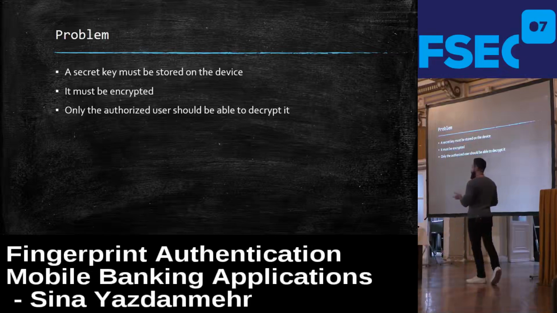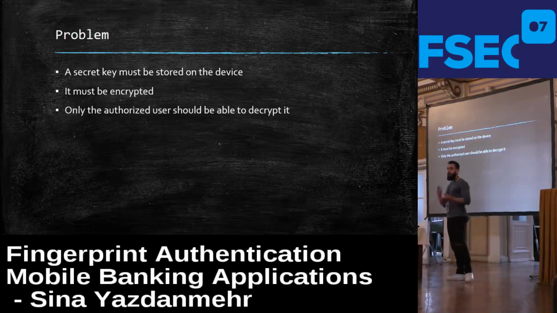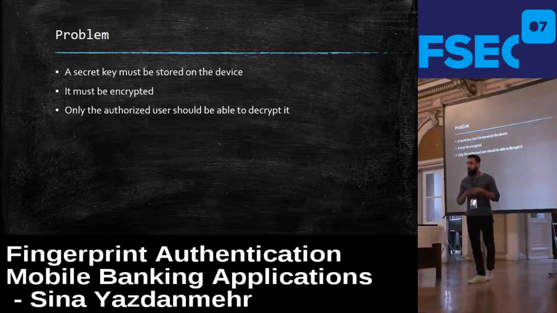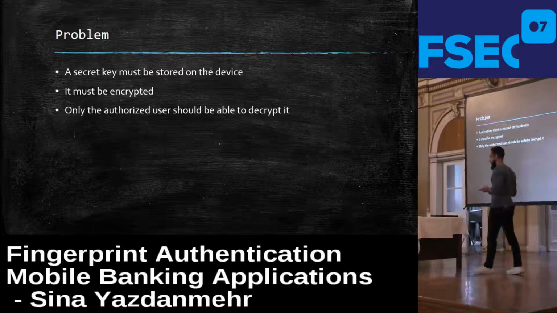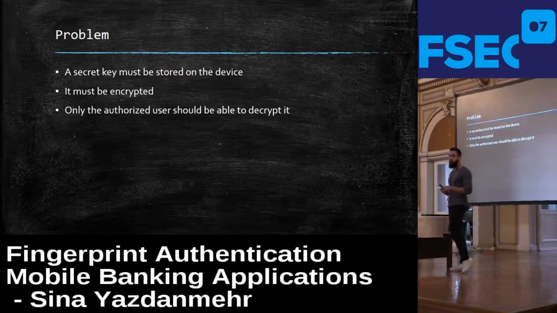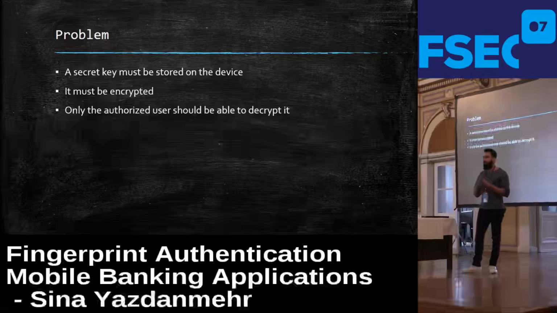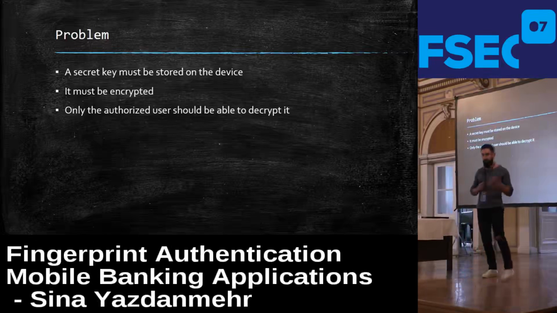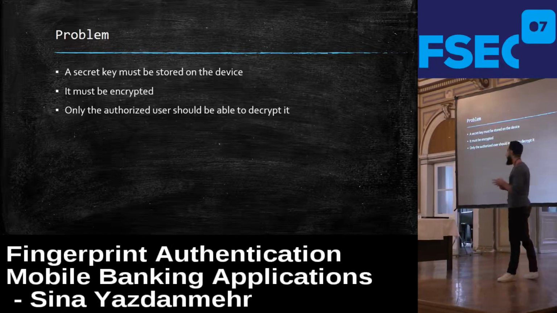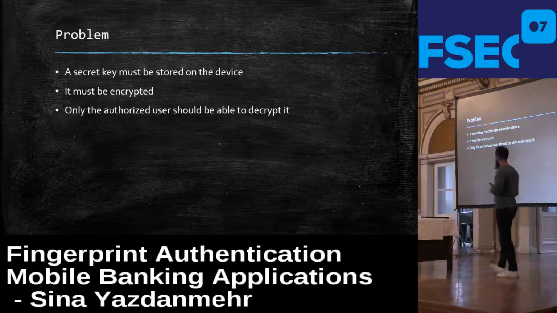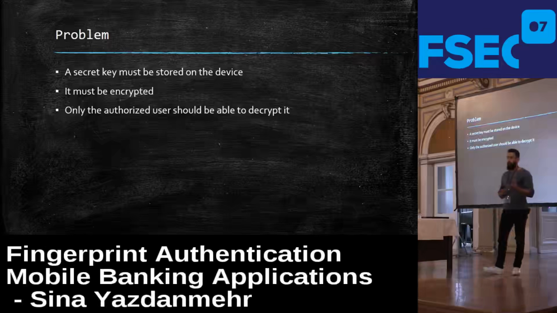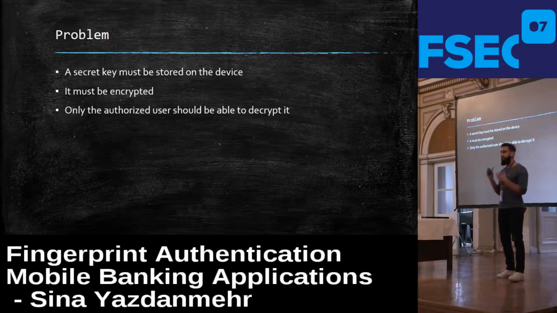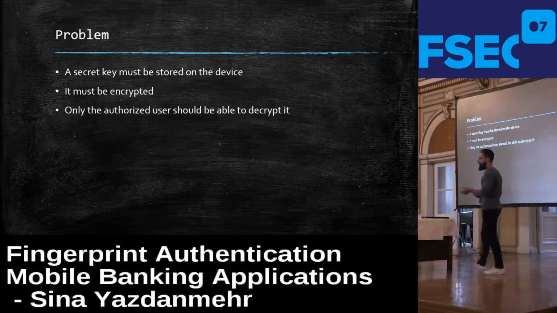But in order to generate an OTP, the mobile application needs to use a secret key, which is common and shared between the server app and the client app, in order to generate a one-time password. This secret key is the most important thing in a mobile banking application, of course, because if a third party can access the secret key, they will be able to generate a valid OTP and authenticate to the system illegally.